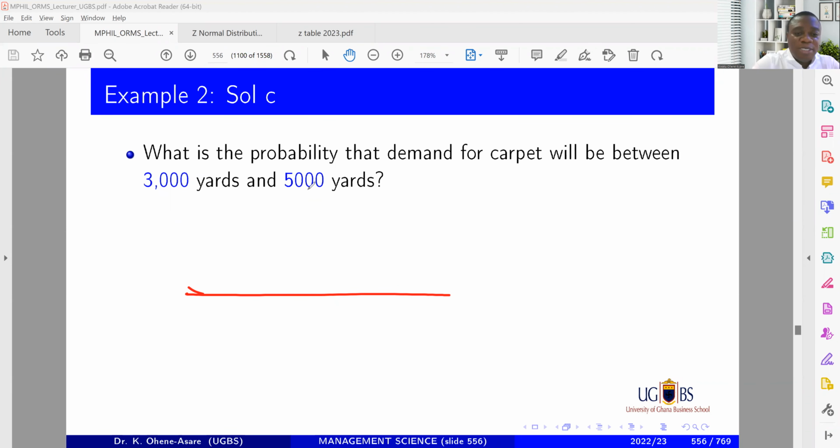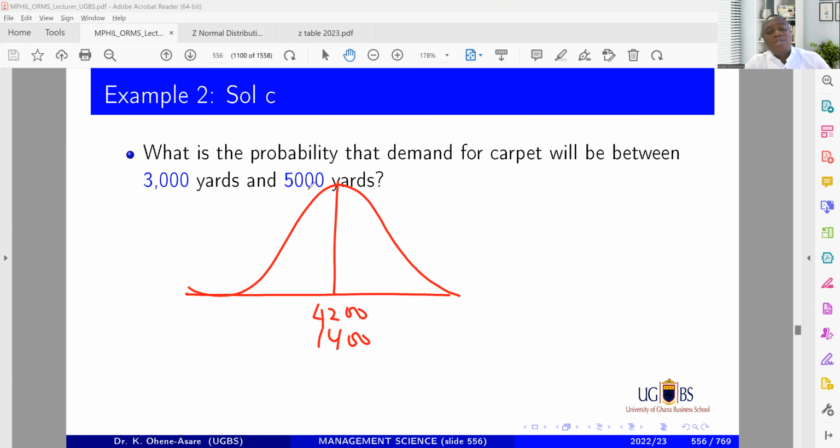You do your normal distribution, always draw. You show your 4,200, you show your 1,400, and then we are told to indicate it. So what are we going to shade? Where are we going to demarcate? Who can walk me through that?